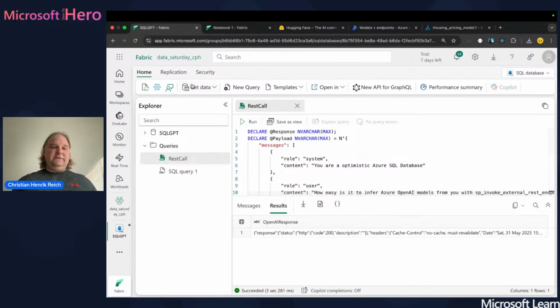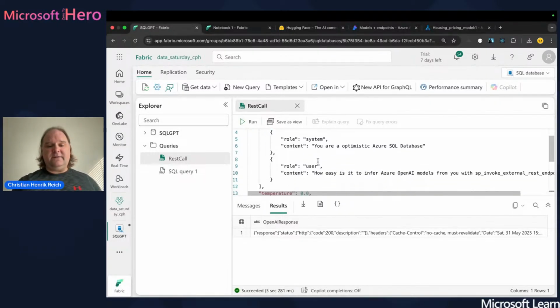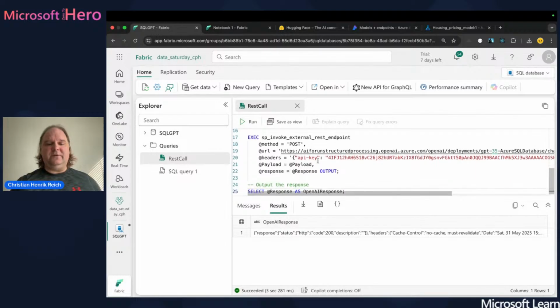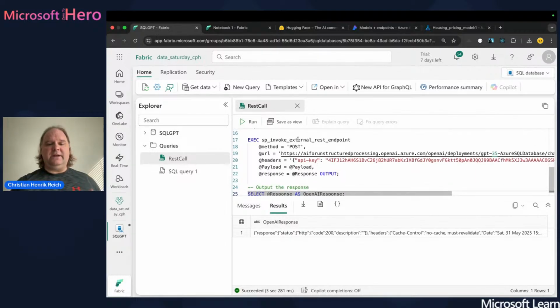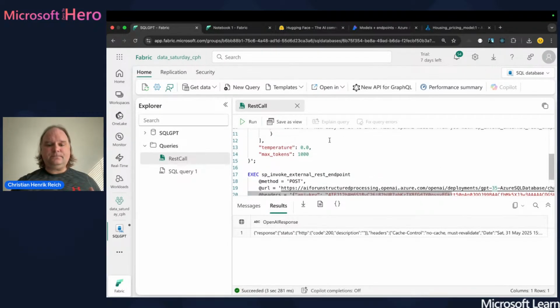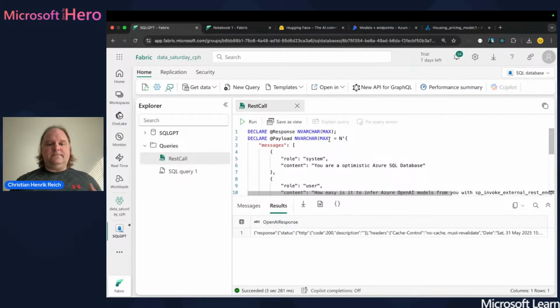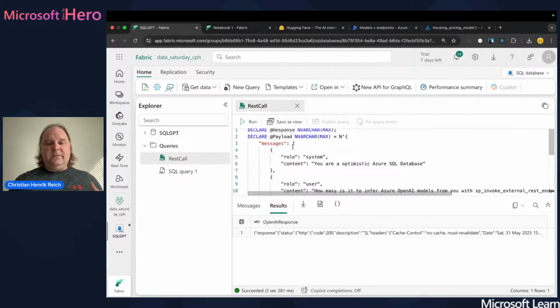This is SQL Server, and this is SQL Server in Fabric, and this is an Azure SQL database. With the coming of SQL Server 2025, they have introduced supporting technologies for AI. One of them, which came some versions ago, is that we can invoke an external REST endpoint.